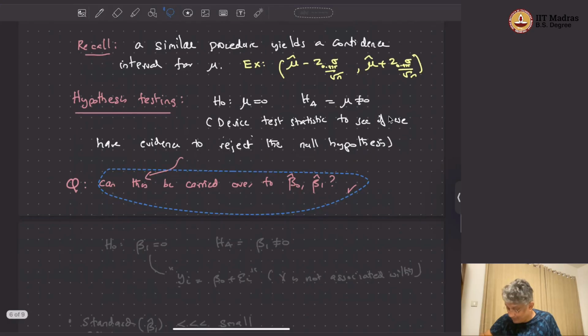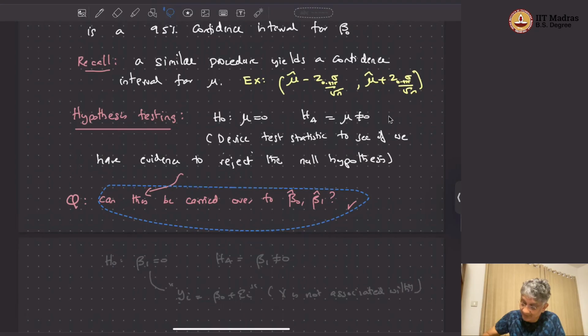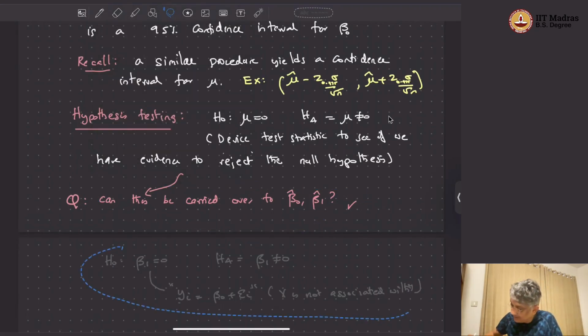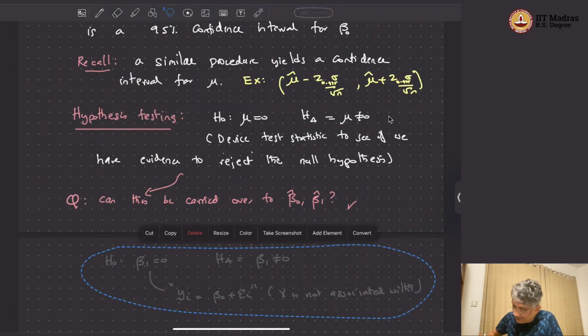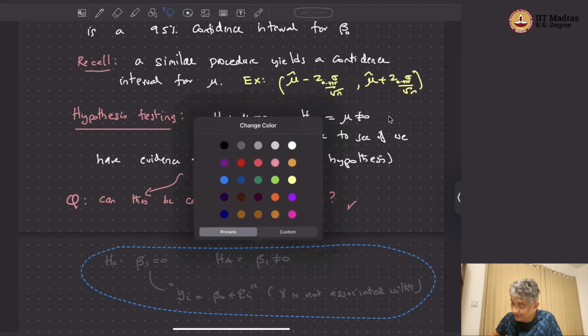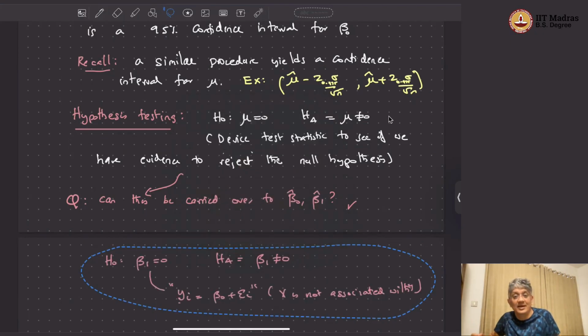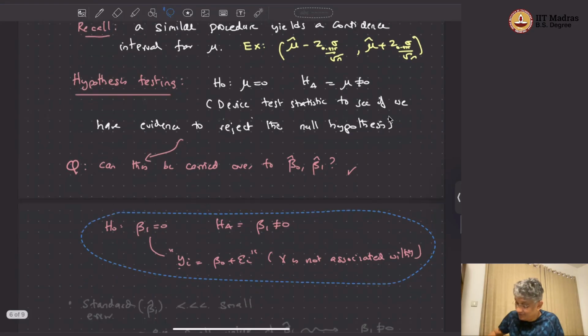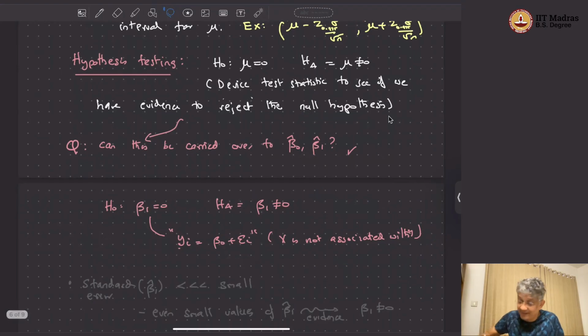So what I want to do is test whether beta 1 is 0 versus beta 1 is not equal to 0. What am I doing? If beta 1 is 0, then the model becomes y i equals beta naught plus an error. That means x has nothing to do with the y's. That's what I'm testing here.